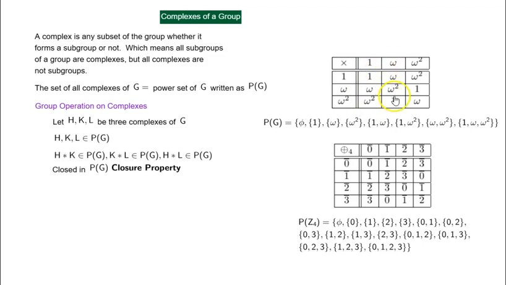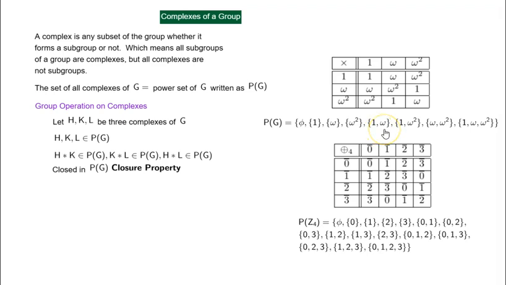Let's take this example, the cube roots of unity. So here, let's say H is omega square and K is 1, omega. These two sets, let's take. Now, what is the product of these two subsets? Omega square times 1 is omega square. Omega square times omega is omega cube, which is nothing but 1.